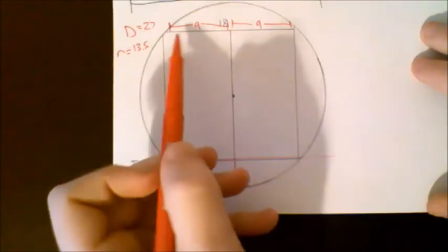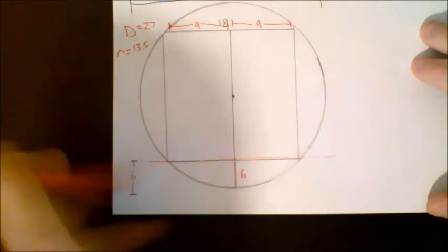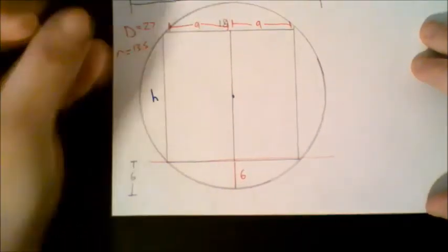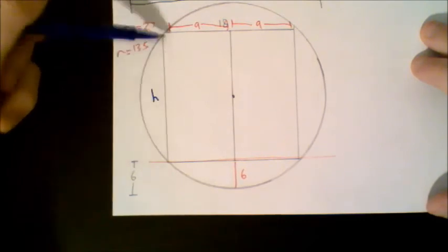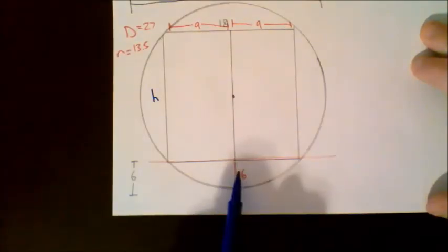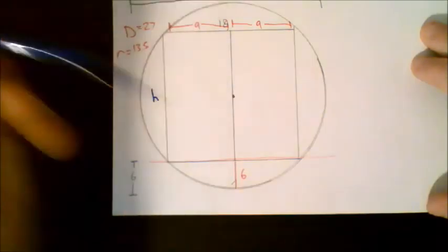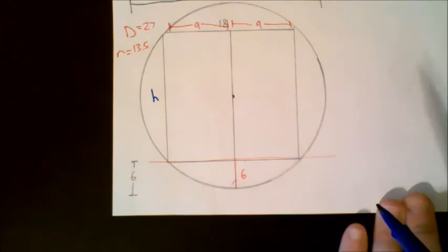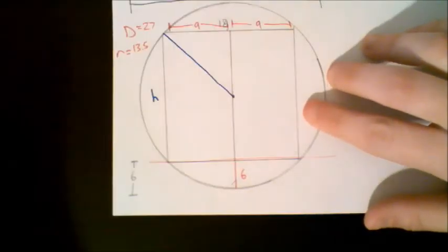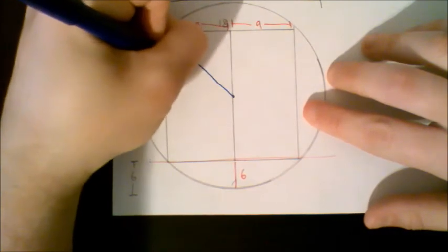Okay, so if this is how wide the truck is, what they want to know is what is the maximum height of the truck. Okay, we know the road is 6 feet from the bottom of the circle. So we have everything we need. We know the radius of this circle is 13.5.